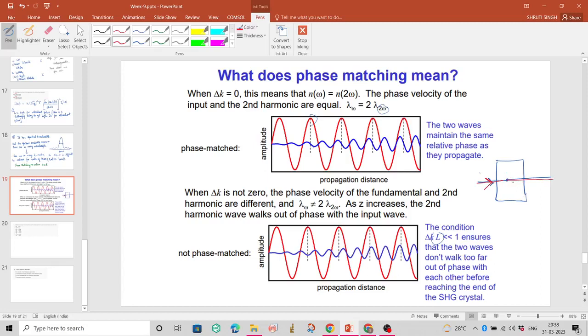As soon as they travel, they should be phase matched. So this is what is written here. The condition delta k into L should be very less than 1 ensures that the two waves don't walk too far out of phase. I am denoting this situation as out of phase, and if they are overlapping like this, then they are in phase. They don't walk too far out of phase before they reach the end of the crystal.